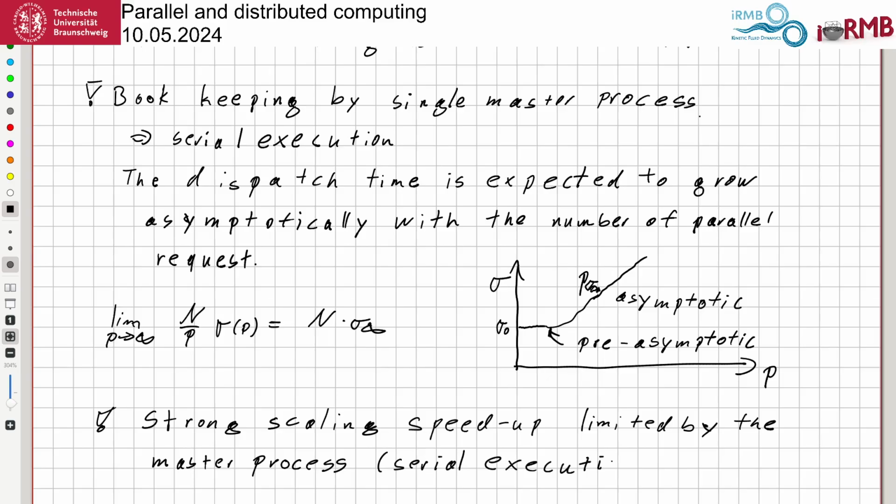This is fun stuff, because it actually means that the more slaves the master has, the more work the master has to do, and finally the master becomes the bottleneck of the system.